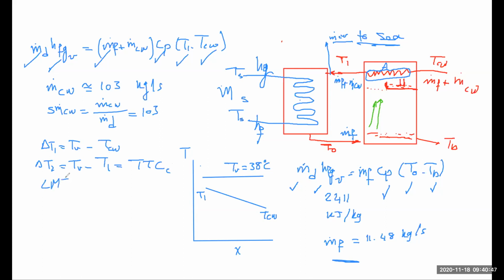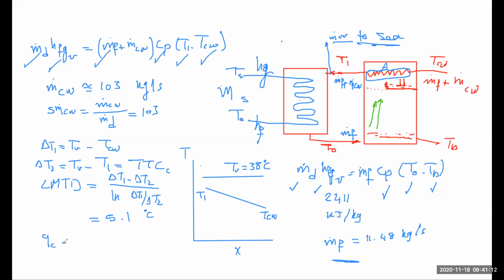The log mean temperature difference is delta T1 minus delta T2 divided by the natural logarithm of the ratio. So the log mean temperature difference for this case is going to be 5.1 degrees centigrade.